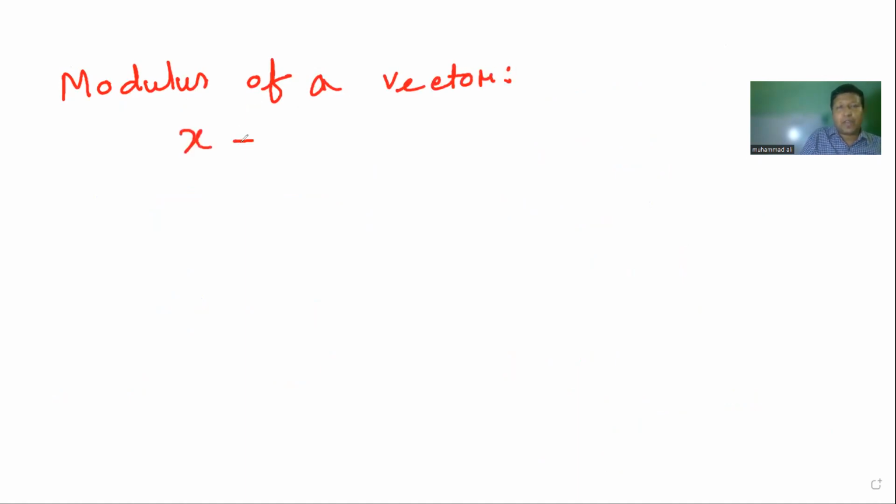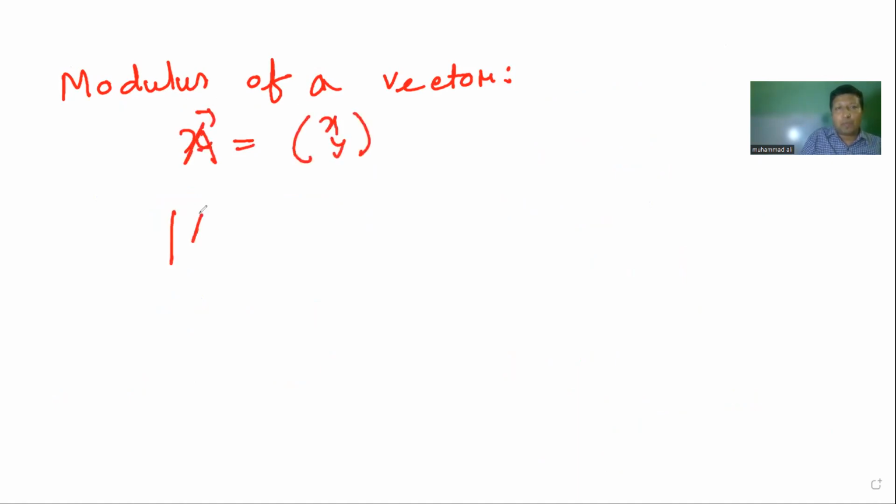Now, another important thing: the modulus of a vector. Like a is the vector x, y.